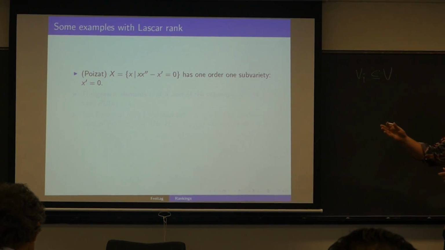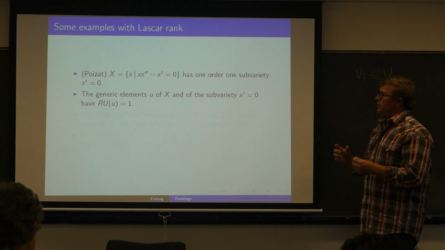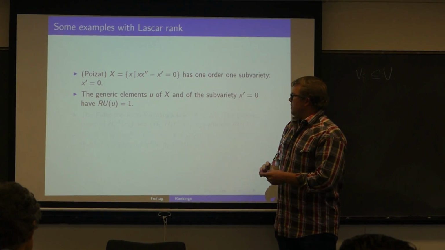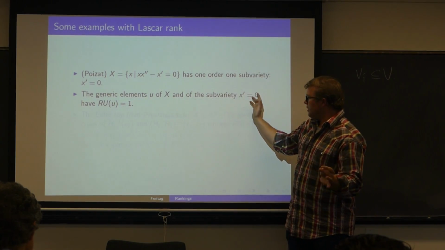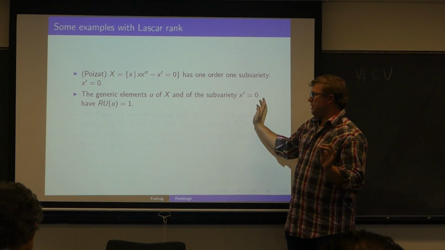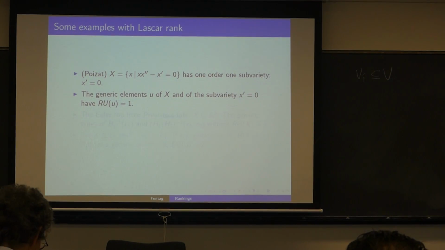But the U rank of both the generic points on x and the generic constants is 1. Okay? So if U is generic on x, it has U rank 1, and if U is a generic constant, it has U rank 1. Both of them have the same U rank.